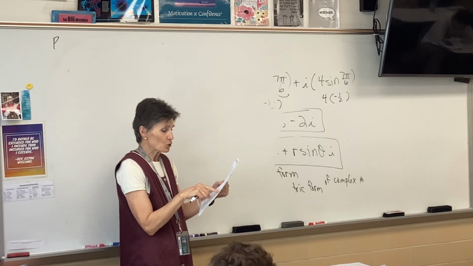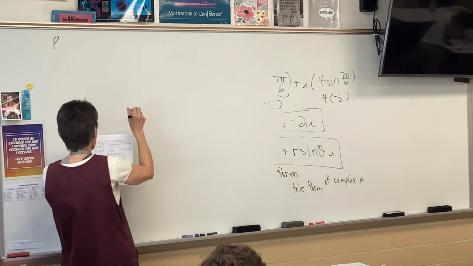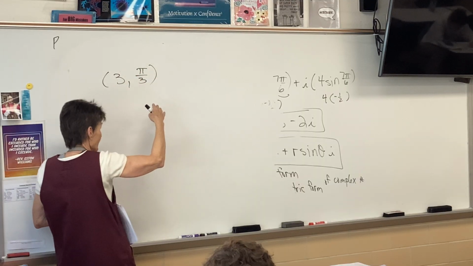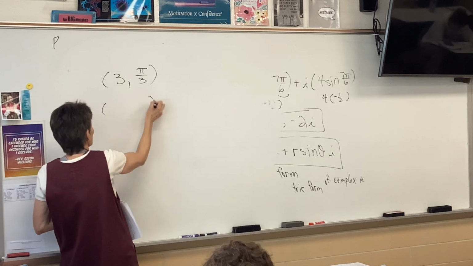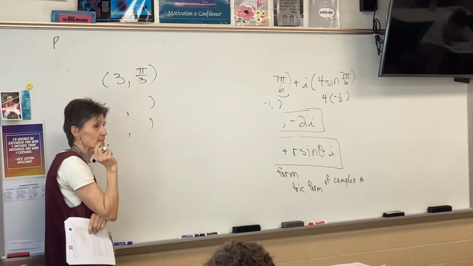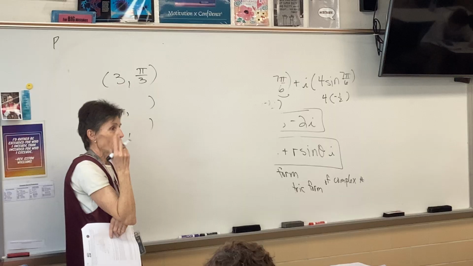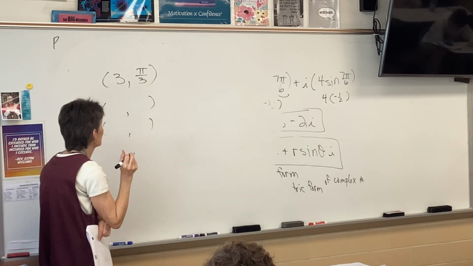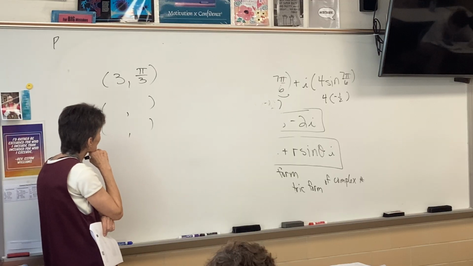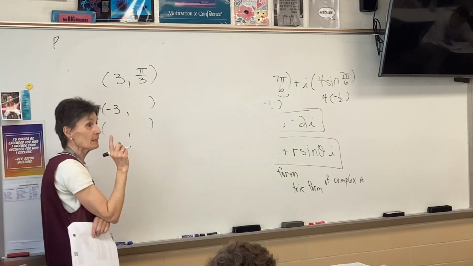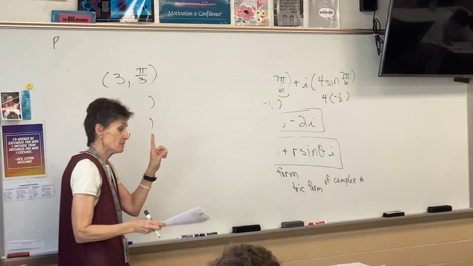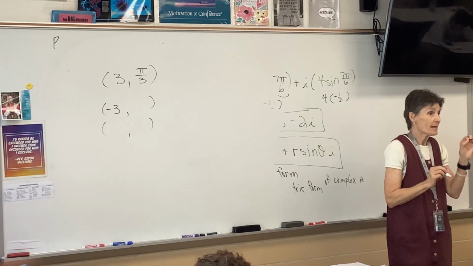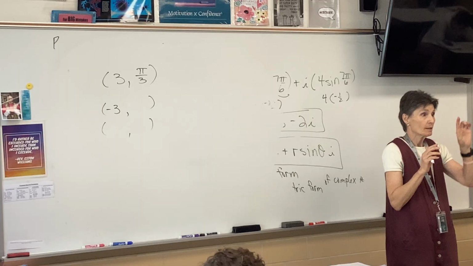Give 2 other coordinates for the same point. You have already plotted that. What are 2 other names we could give that very same point? There are lots, let's just come up with 2. Well, you can go with negative 3, but then what happens to that angle? If you make that r negative, your angle is going to change by pi.